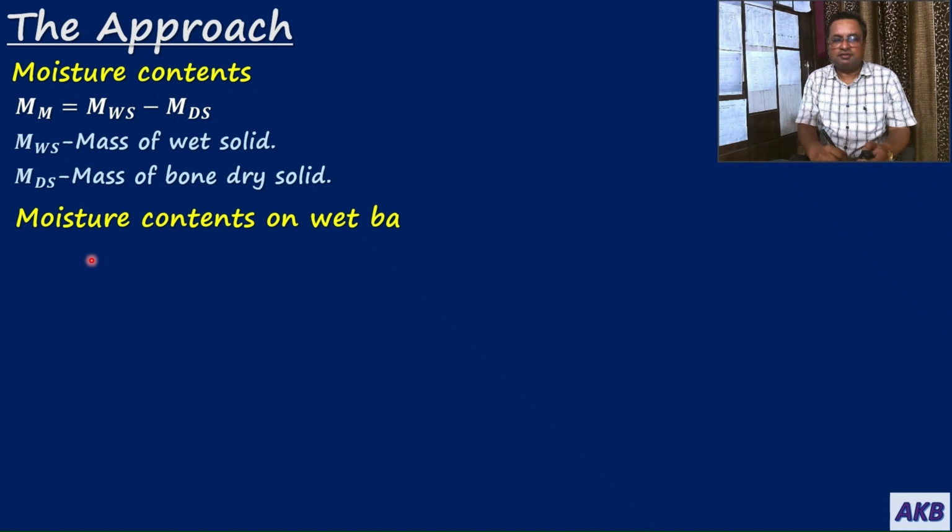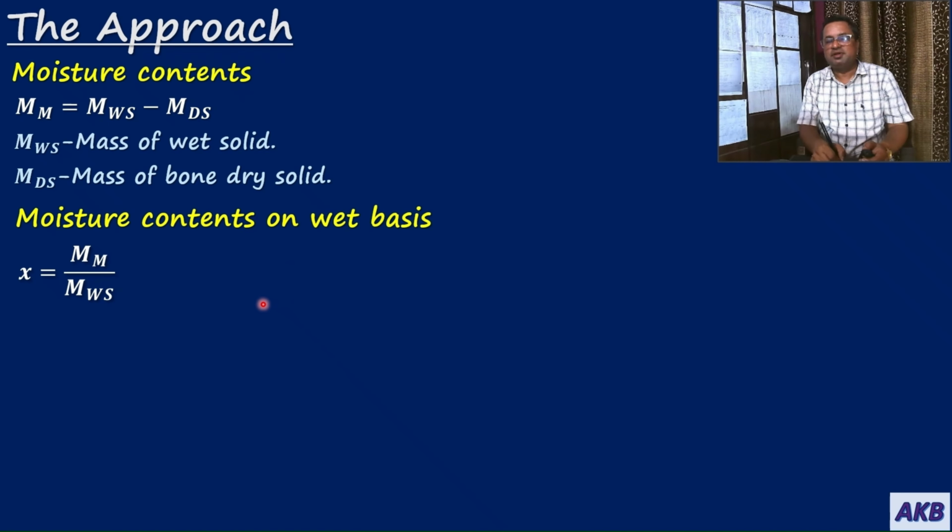Then after that, we will find out moisture content on weight basis, and that we are going to get by using this equation: small x is equal to MM upon MWS, that is, mass of moisture divided by mass of wet solid. So this is moisture content on weight basis, and we will be getting the values of x after every 10 minutes.